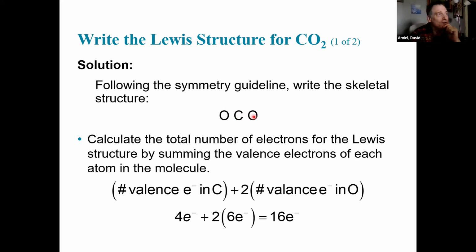So you do not need to worry about the skeletal structure. We sum up all of the valence electrons. Carbon is 4, each oxygen is 6, 6 and 2 is 12, 12 and 4 is 16 valence electrons to contribute to bonding.